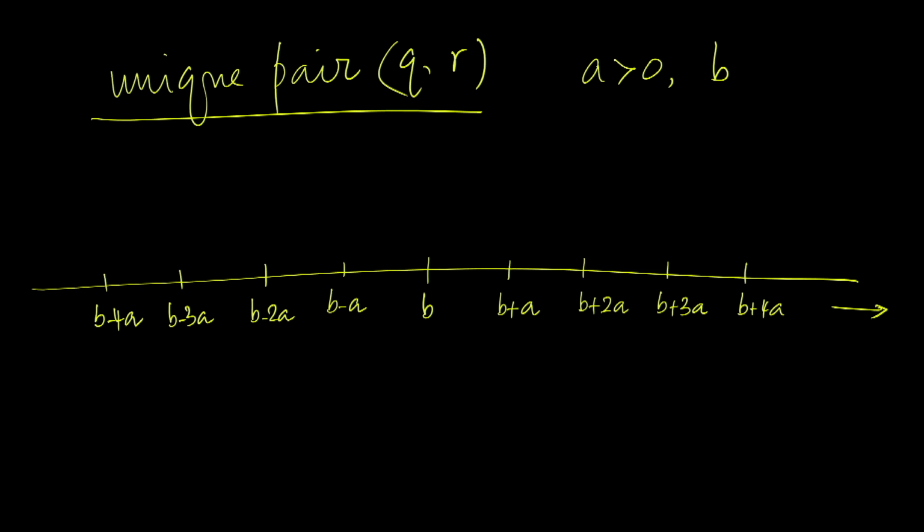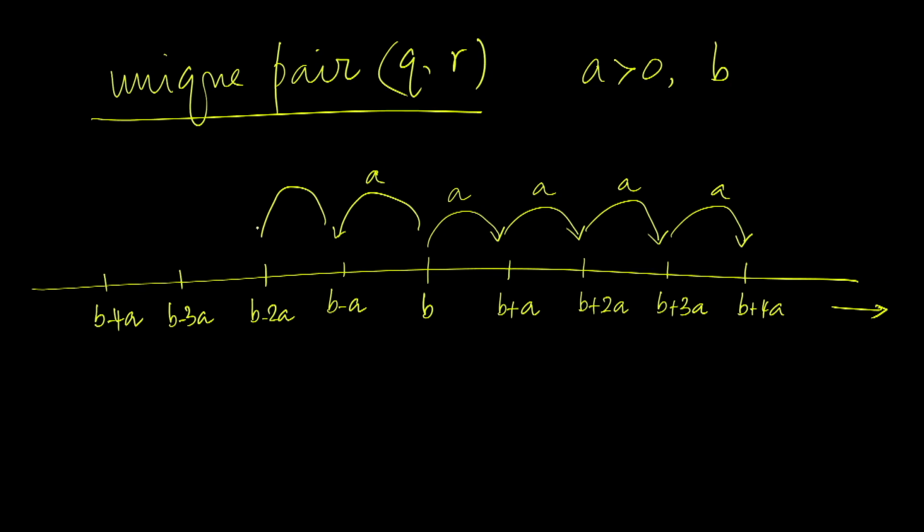So starting from B, we are going to the right, jumping at a distance of a every time. Similarly, we can also move to the left, jumping at a distance of a every time.